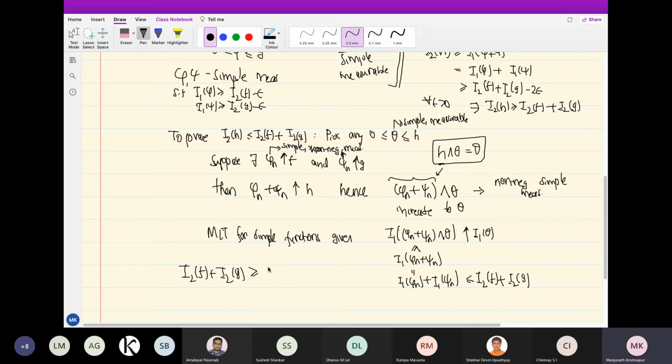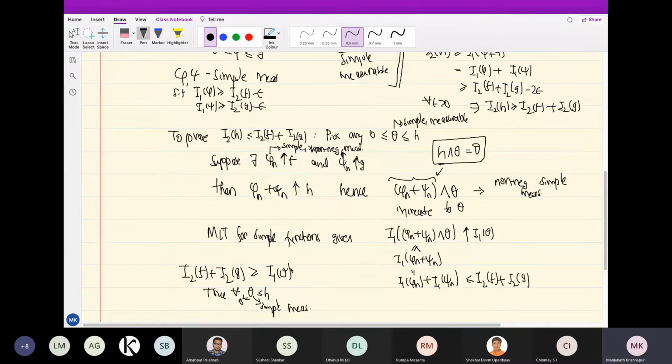So overall, I get the same conclusion, that I2 of f plus I2 of g is greater than or equal to I1 of theta, and this is true for all theta which is between h and 0 and simple, measurable.